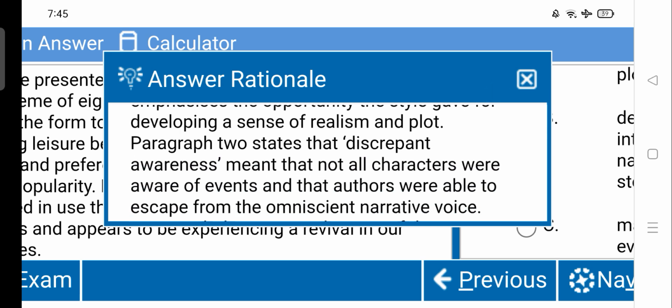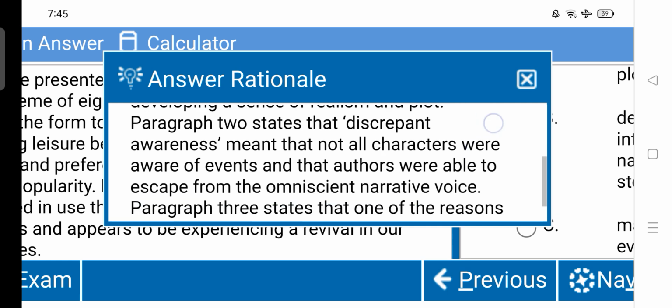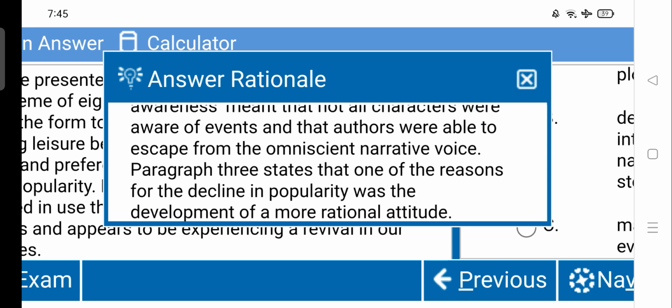Paragraph 2 states that discrepant awareness meant that not all characters were aware of events and that authors were able to escape from the omniscient narrative voice. Paragraph 3 states that one of the reasons for the decline in popularity was the development of a more rational attitude.